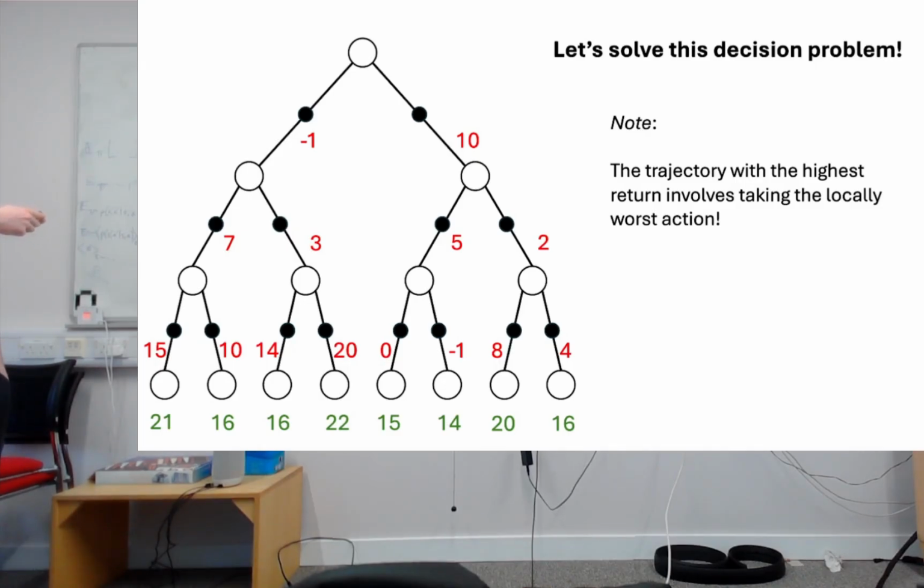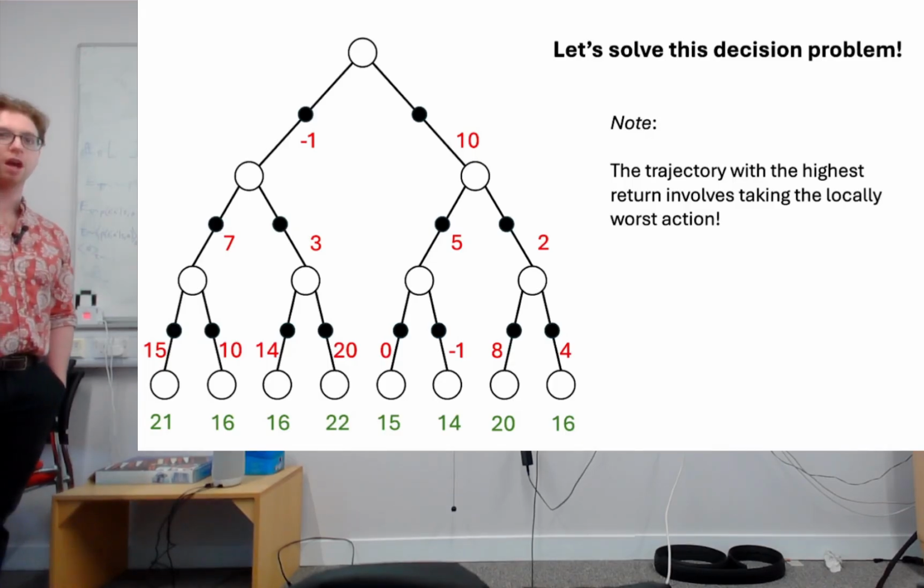When I'm at this node, the locally best action, or the locally highest reward action, is the one that gets me a 7, but the one I actually want to take is the one that gets me a 3, because that's the only way I can get this 22 down here. This is recapitulating something we met last week: in reinforcement learning, we need to consider the long-term consequences of our actions, not just the immediate rewards that we're getting.